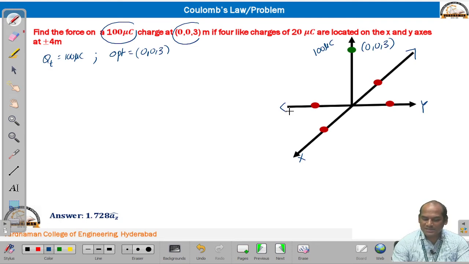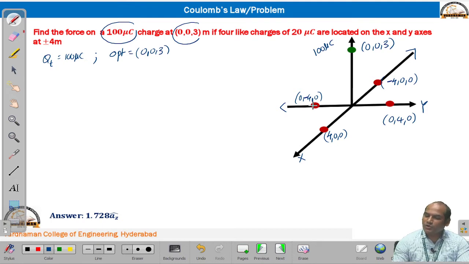And since they have given plus or minus 4, on the positive x axis we have to take this coordinate as 4, 0, 0, on the negative x axis that is minus 4, 0, 0, on the positive y axis 0, 4, 0, because the x coordinate and z coordinate are zeros on the y axis, and the negative y axis is nothing but 0, minus 4, 0. Like this the coordinates are available.